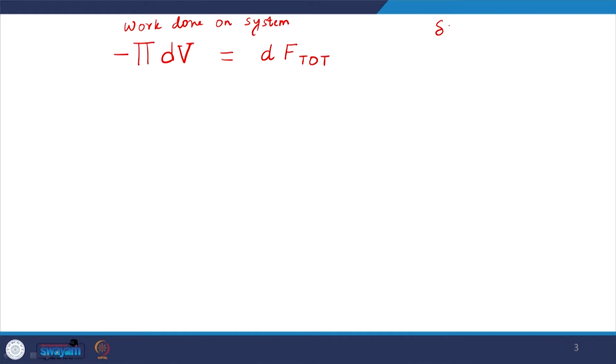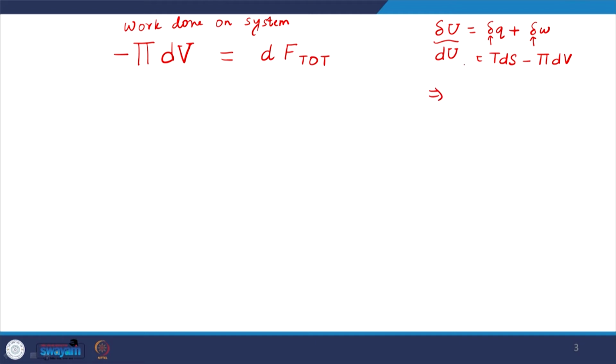So, the work done needs to go into changing the energy of the system. So, we can think in terms of the first law of thermodynamics, where I said that change in U is given as change in Q plus change in W. By the way, we typically represent that as dU, since U is a state function, and these are delta Q and delta W because these are path functions. So, I said this is equal to TdS, and the second term we said is equal to minus pi dV.